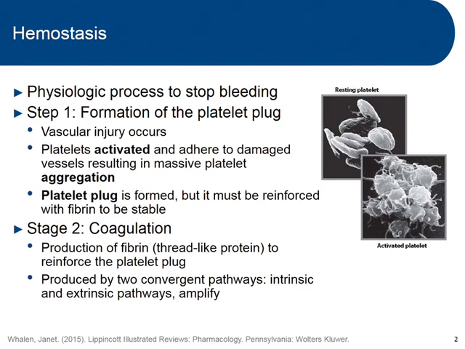So in stage 2, really the focus is production of fibrin. And fibrin is just a thread-like protein that serves to reinforce that platelet plug. And fibrin is produced by two convergent pathways. These are referred to as the intrinsic pathway and the extrinsic pathway.